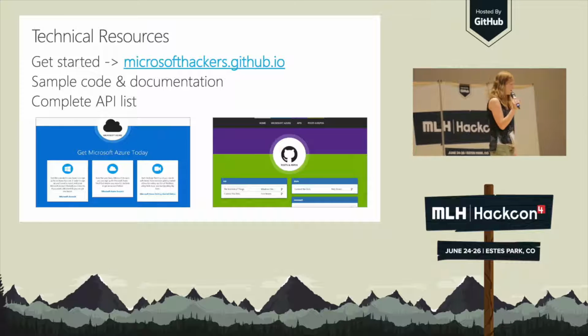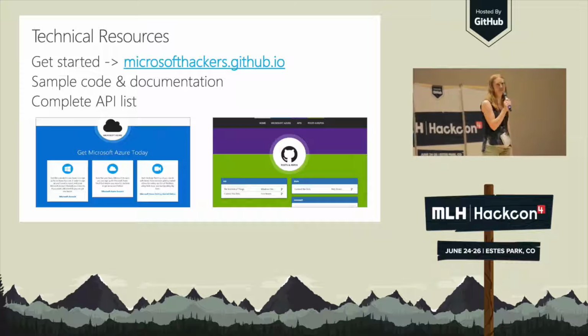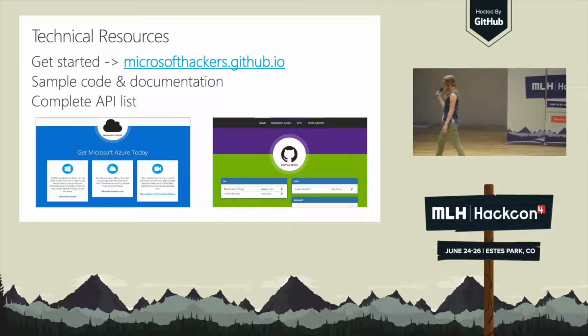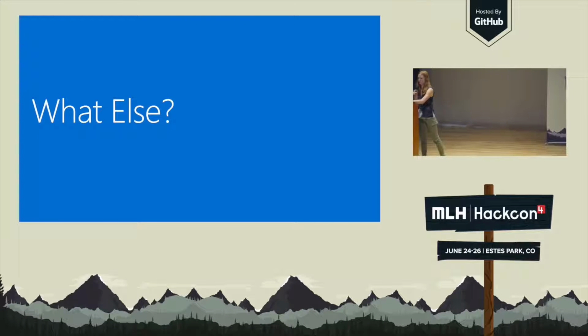There are also a lot of examples of projects and hacks they've created, and you can check out sample code and documentation on how to get started on our different technologies. It also covers a complete list of our APIs, which is huge. There's a ton of them. They're great for getting started, for new hackers especially, so we like to highlight that at hackathons, and that might be a good tool for you to highlight as well.